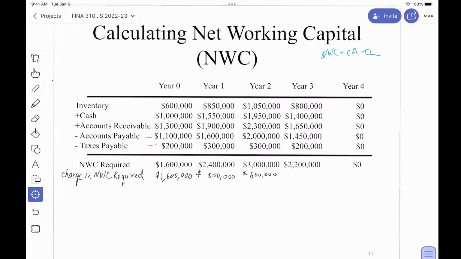But then from 3 million to 2.2 million, I go down $800,000. And then to end the project, we release $2.2 million back to the firm. Any questions about that row?